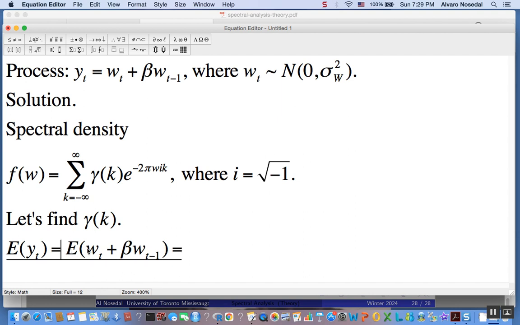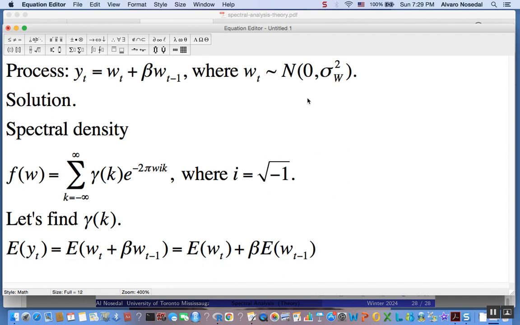So what we would have is the expected value of W at t. Beta is a constant, so we can pull it out, right? We can factor that out. And then we have expected value of W at t plus beta expected value of W at t minus 1.